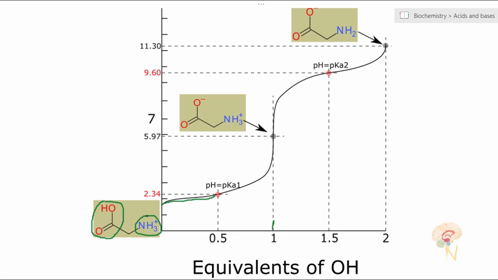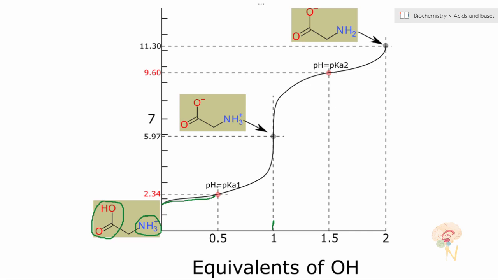Remember that we have here the acidic solution, so this glycine is in its most protonated form, where the COOH has an H and the NH2 has an additional H, which makes it NH3 plus. As we are adding the base, we are losing protons.